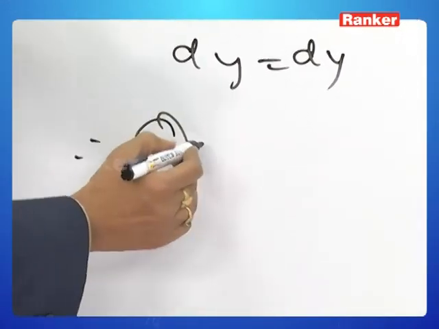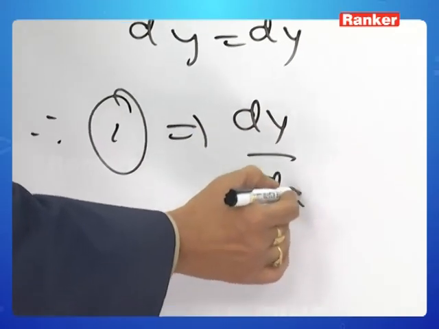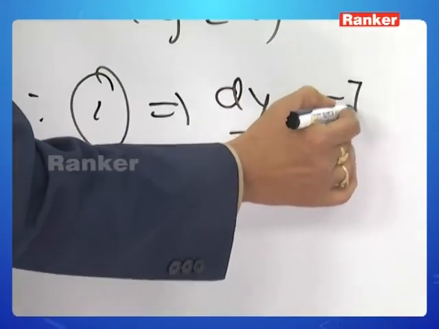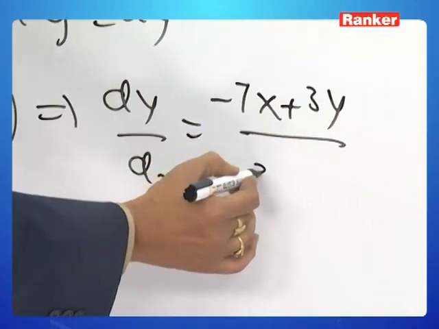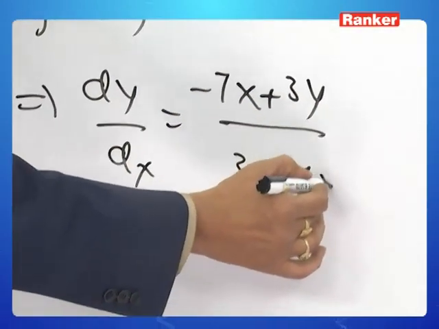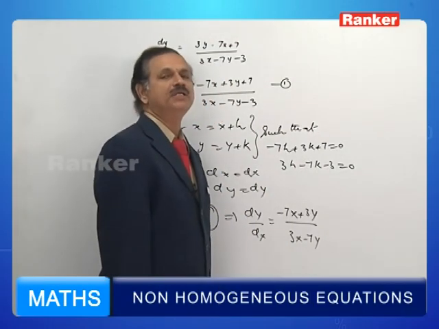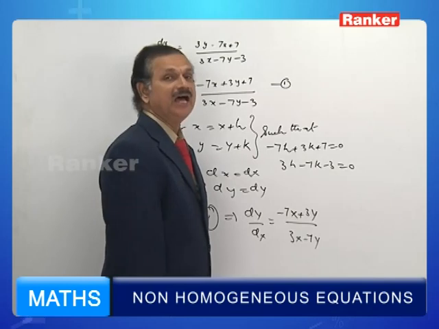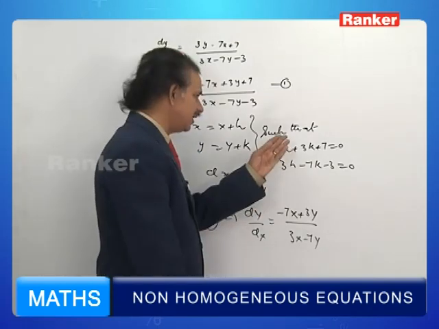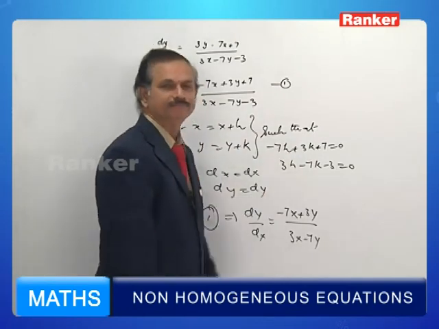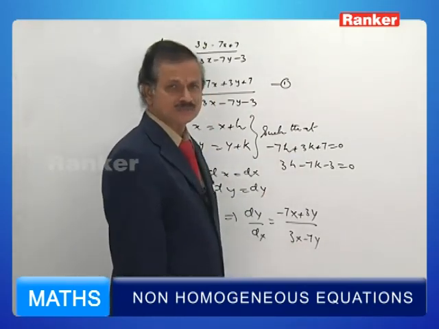Therefore 1 implies d capital Y by d capital X is equal to minus 7X plus 3Y by 3X minus 7Y. What about the constants? They have been annihilated. They have been discarded, of course, with the help of this condition. And now, this is homogeneous.